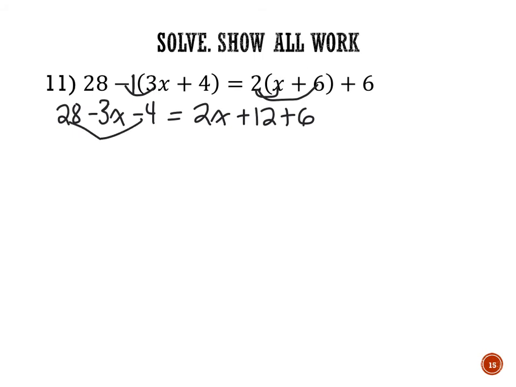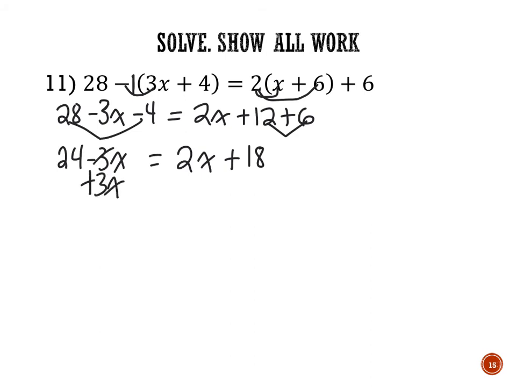Now I'm going to collect like terms. 28 minus 4 equals 24 minus 3x, equals 12 plus 6 equals 18. I'm going to add my 3x here to collect my variables on one side. So I have 24 equals 2x plus 3x equals 5x plus 18.